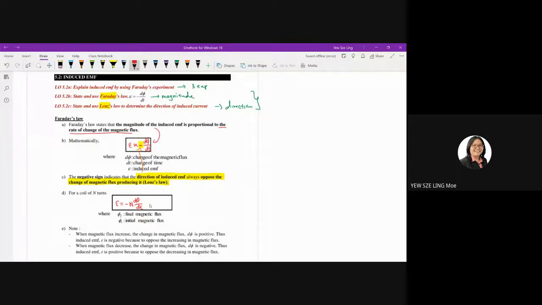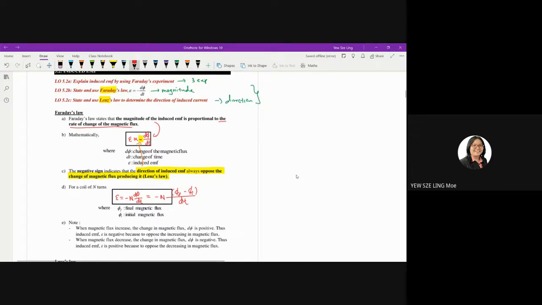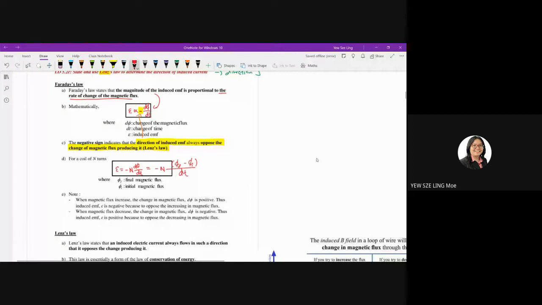And d phi is a change, therefore negative N, then final minus initial over the time given, dt. So phi final minus phi initial.